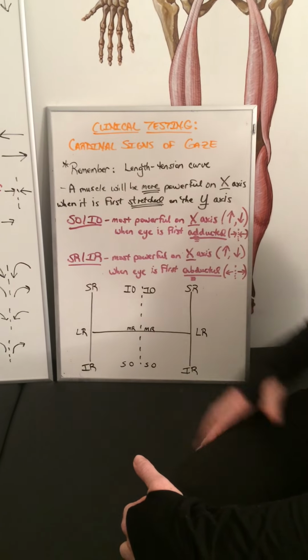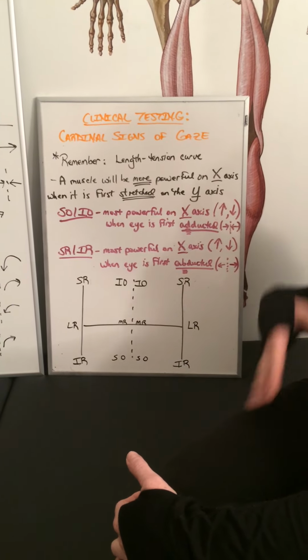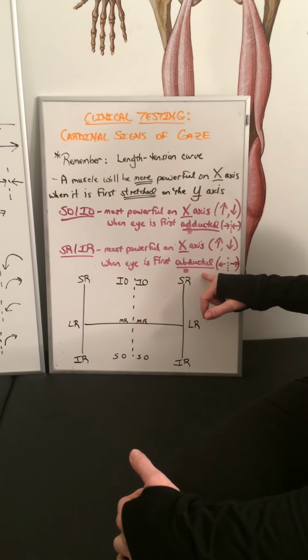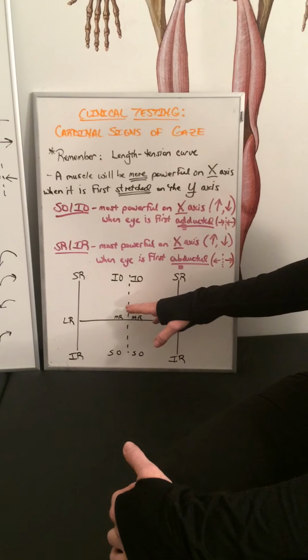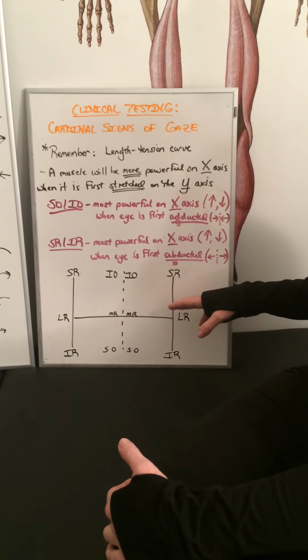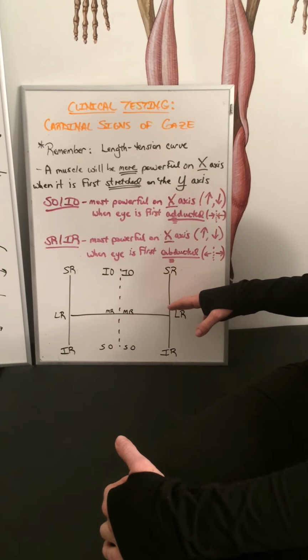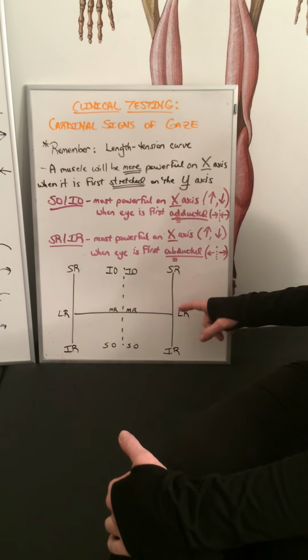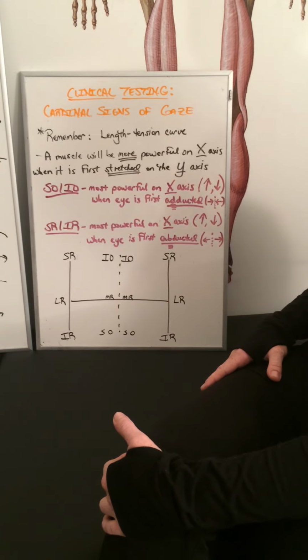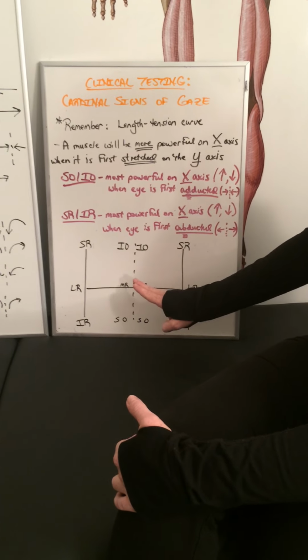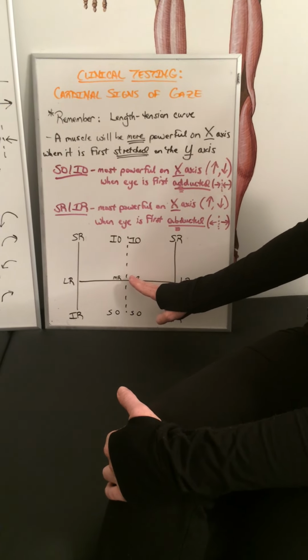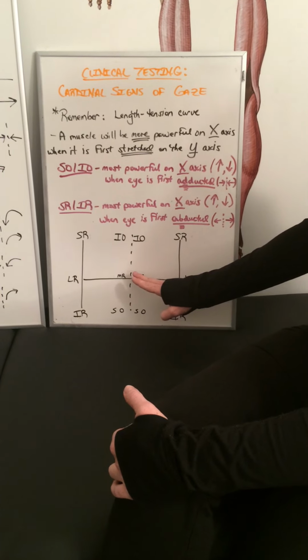The superior rectus and inferior rectus are the most powerful on the x-axis when the eye is first abducted, meaning that they actually are stretched when abducted, giving them great power potential when you elevate and depress if the eye is already in abduction. So your standard signs for H, if you're drawing the H, you start in the center for medial rectus on each side in the adducted eye position.